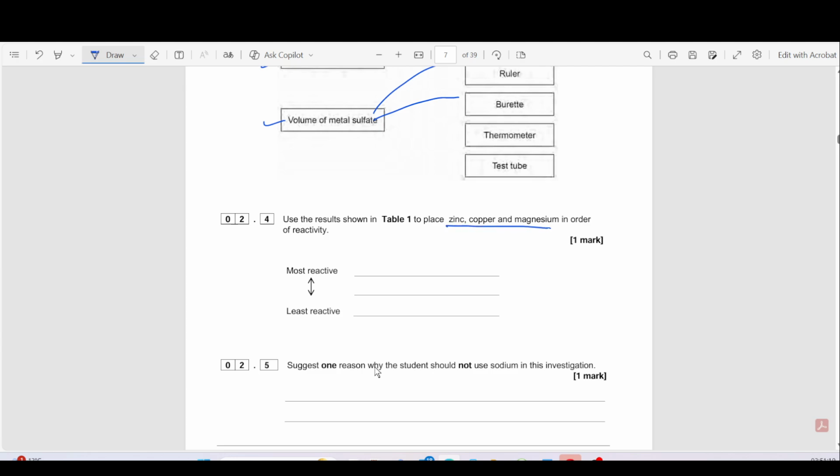We need to start with the most reactive and then the least reactive. Magnesium is more reactive than zinc, and zinc is more reactive than copper. So the last one is going to be copper. So it's magnesium, zinc, and then copper.